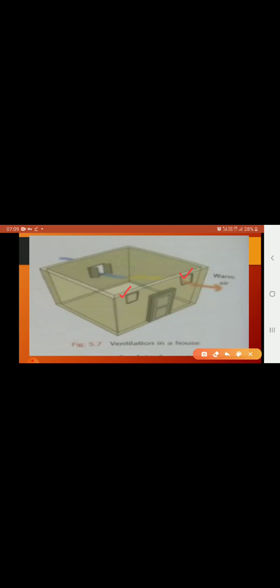The air which we breathe out being warm is light. So what happens? It rises up. As it rises up, it goes out through the ventilator.